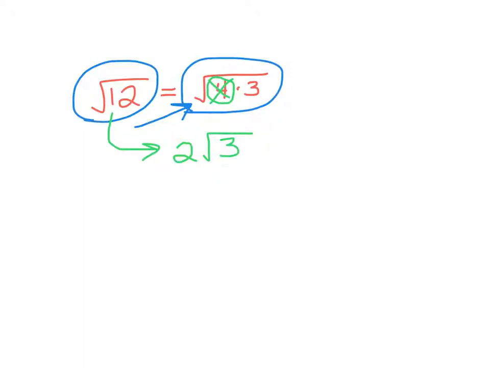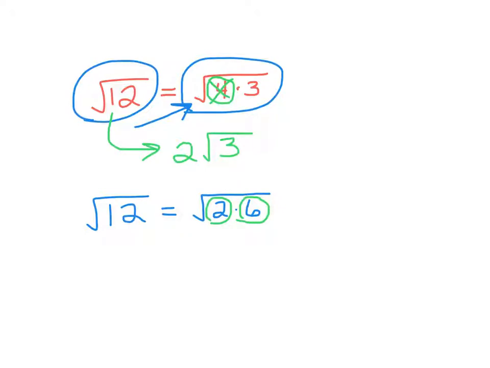I want to go through and do the same problem, but I want to do it a slightly different way. I have the square root of 12, and I'm going to rewrite it. Instead of 12, this time, I'm going to say that I have 2 times 6. Now, when I take a look at this, I can't do anything with the square root of 2 because 2 is not a perfect square. I can't do anything with 6 because 6 is not a perfect square.